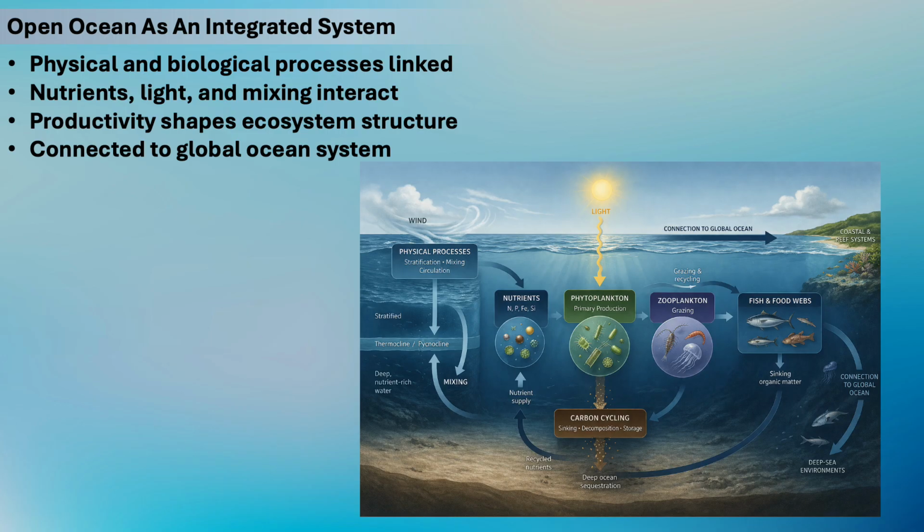The open ocean should be understood as an integrated system in which physical, chemical, and biological processes are tightly connected. Light availability defines where primary production can occur, while nutrient supply determines how much production is possible. Physical processes such as stratification, mixing, and circulation regulate the movement of nutrients and organisms within the ocean.